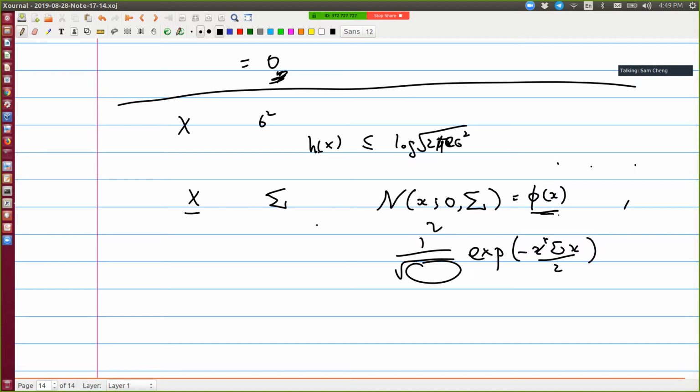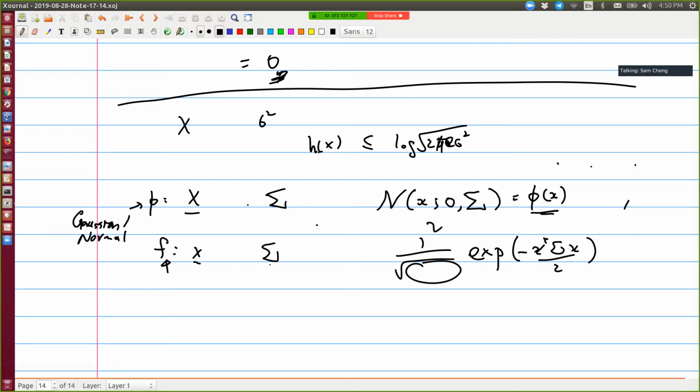Now let's consider any distribution f. This is a distribution of x that also has covariance matrix sigma. So I have a distribution phi, which is Gaussian or normal, and f, which is any other distribution, both over x, with covariance matrix sigma.